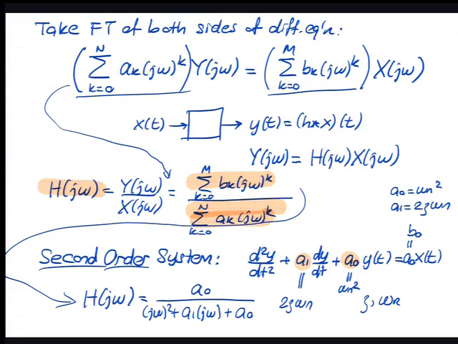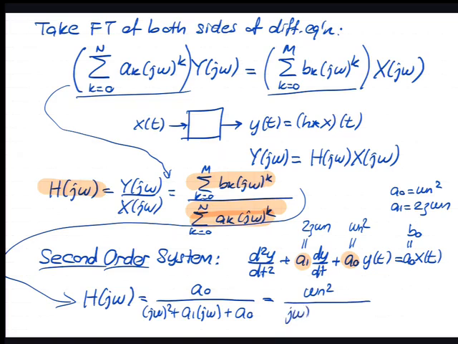Okay, I'm going to make some room here. So this is 2 zeta omega n, and this is omega n squared. And I'm going to erase this stuff so I can squeeze the expression here. Okay, so what happens to this? It becomes omega n squared by (j omega) squared plus 2 times zeta times omega n j omega plus omega n squared.